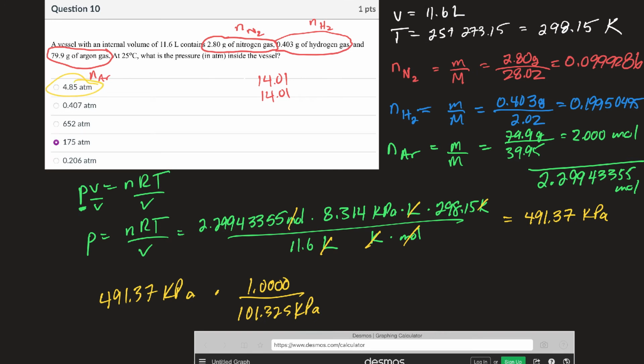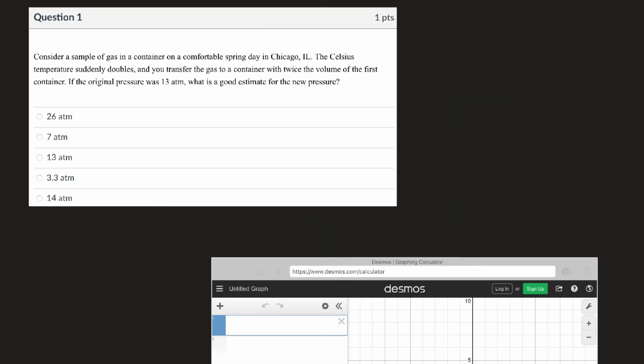Okay, that's the first question. Let's see the next one. Consider a sample of gas in a container. The Celsius temperature suddenly doubles, and you transfer the gas to a container with twice the volume of the first container. If the original pressure was 13 atmospheres, what is a good estimate for the new pressure? Well, let's see here.